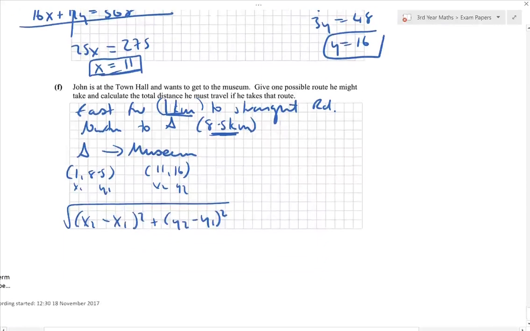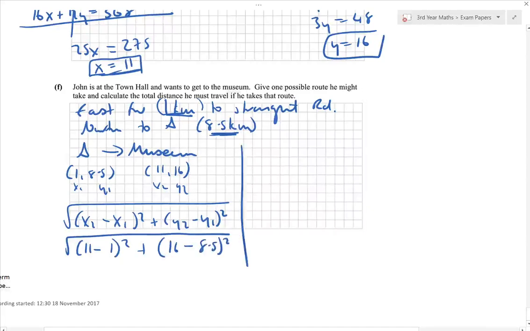You can see I'm practicing what I preach. I'm always writing the formulas. So it's 11 minus 1 squared plus y2, which is 16, minus y1 squared. So that's 10 squared plus 7.5 squared, isn't it?